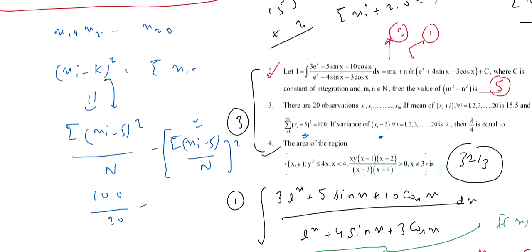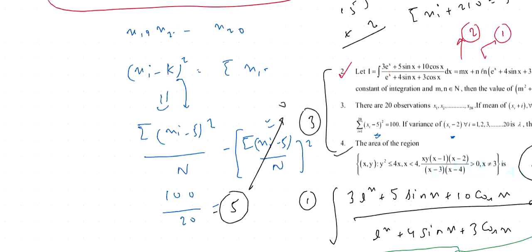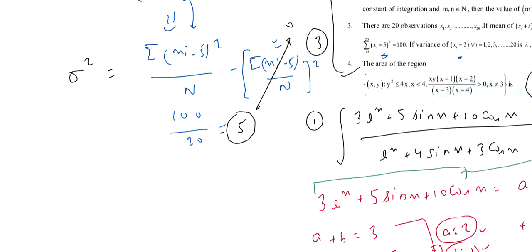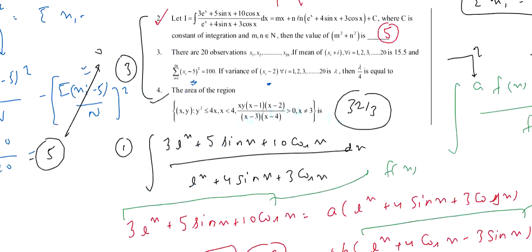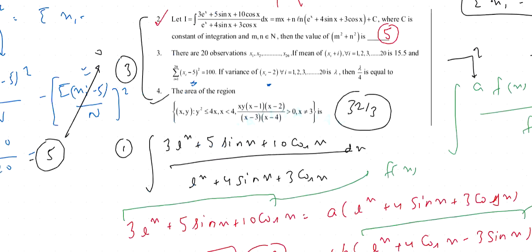So this value is going to be 0. So it will be equal to 5. तो ये हो जाएगा variance sigma square basically is equal to this value, and that is equal to 5. So for this expression it is lambda by 4. So we can write 5 by 4, that is 1.25. So this problem is also done.